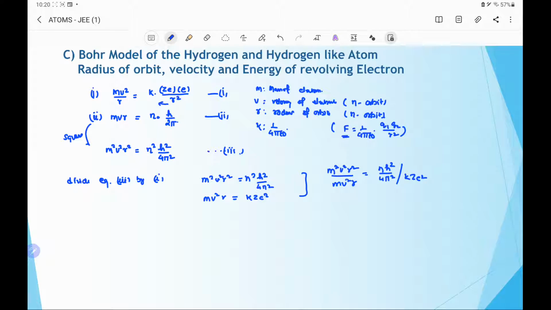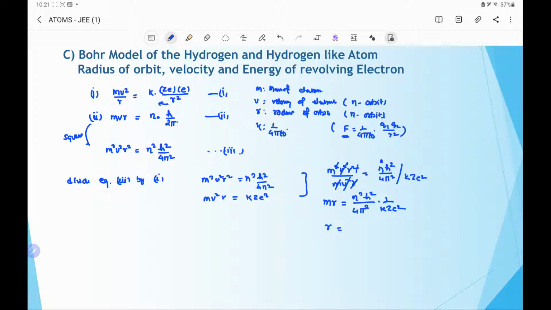Simplifying, v square gets cancelled, one r also gets cancelled, and one m is also cancelled. So the remaining is mr equal to n square h square by 4 pi square into 1 by kze square.